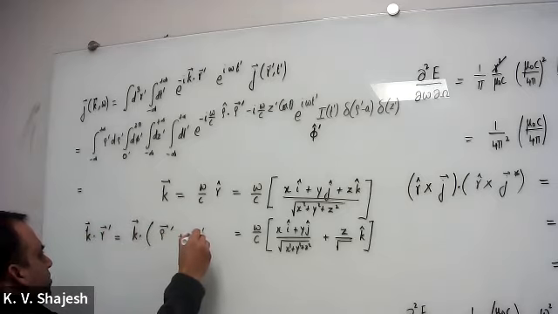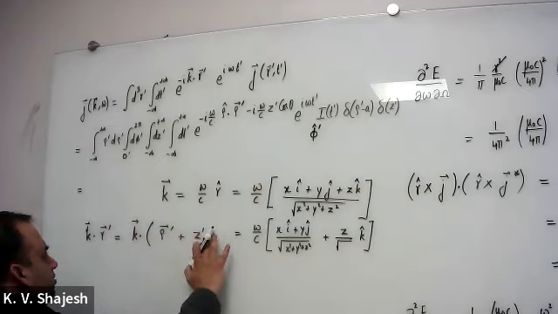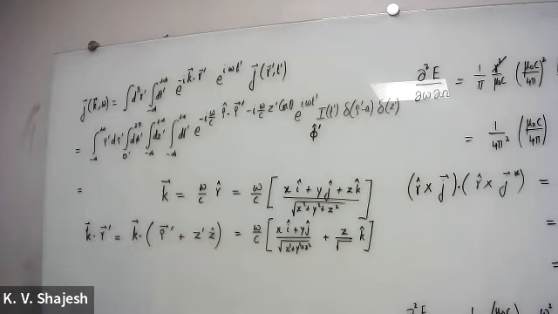So z prime times k hat, z hat. Is that clear? Since this is going to contribute only the perpendicular part, I call it K perpendicular.